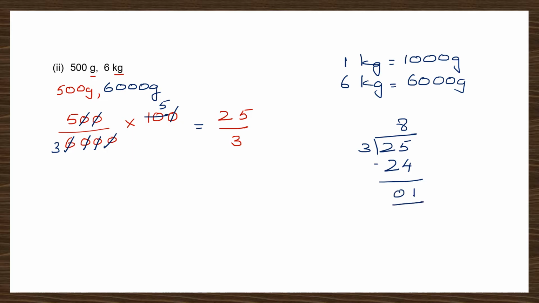Now let me use all this to get my mixed number. 8 will be my whole number. My remainder will be my numerator and my denominator is the same. So I've got 8 1 by 3, and this is percentage. So 500 gram is 8 1 by 3% of 6 kilograms.